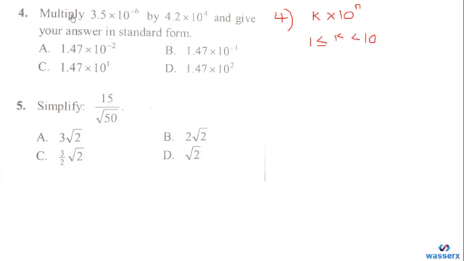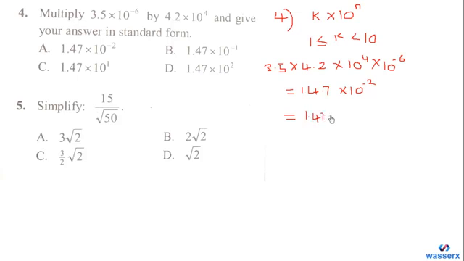So let us first of all multiply 3.5 by 4.2. Then we multiply the powers of 10. So we have 10 exponent 4 times 10 exponent negative 6. Now let's simplify. When you multiply 3.5 by 4.2, you get 14.7 times 10 exponent negative 2, because 4 minus 6 is negative 2.